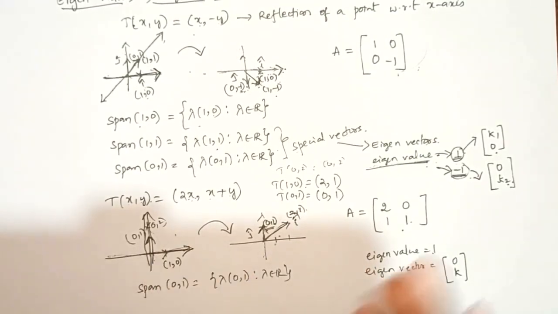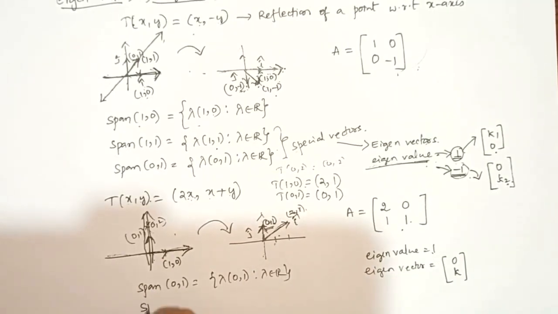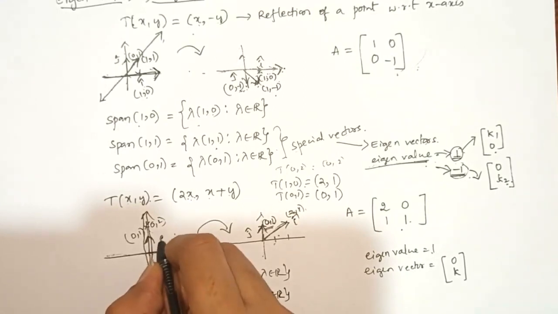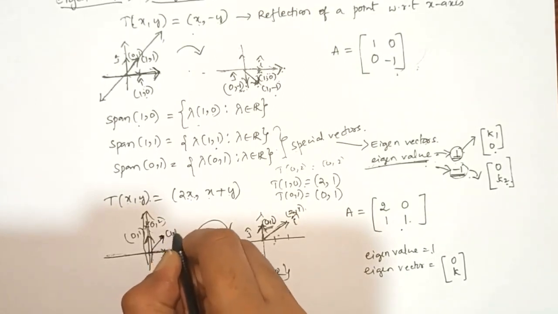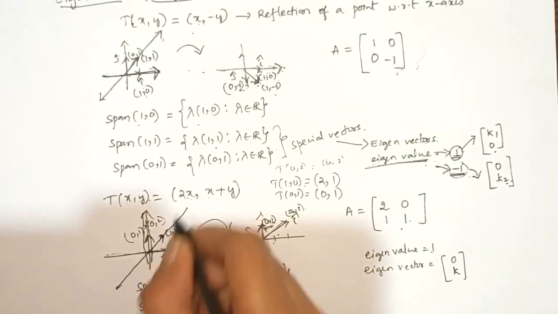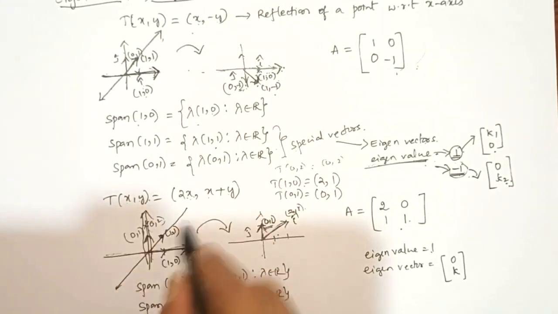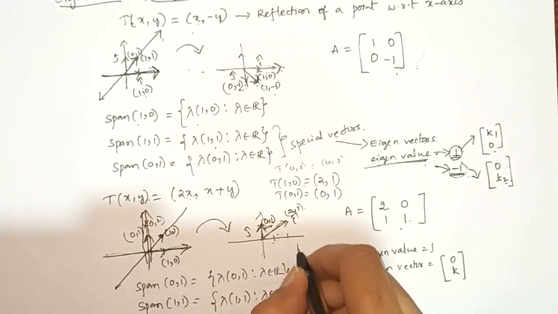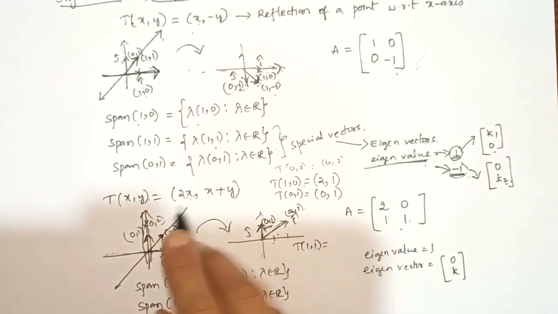Therefore, which other possibilities do you have to check? You can check the span of (1, 1), lambda of (1, 1), where lambda belongs to R. This is the point (1, 1). The span of this (1, 1) is the entire line. After applying the transformation, let us find where (1, 1) goes.